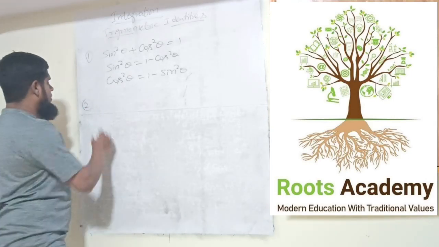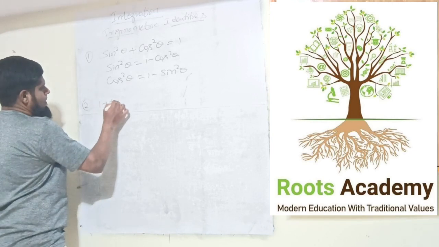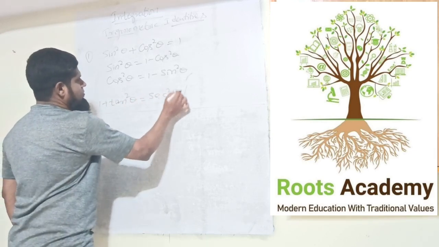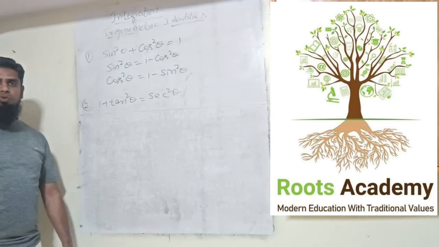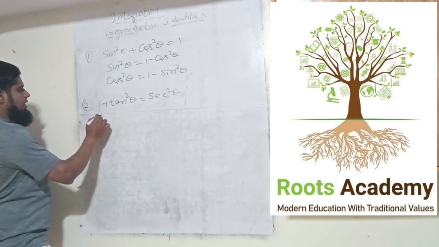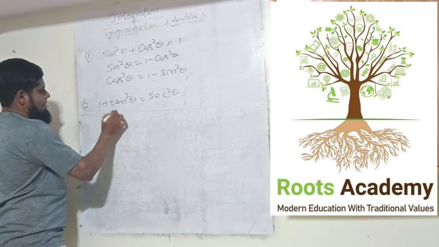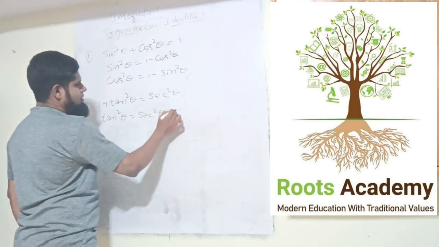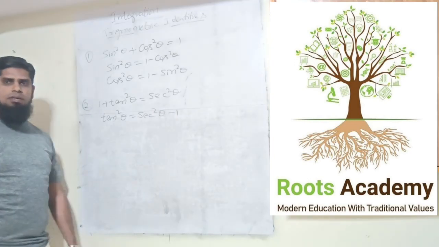The second is 1 plus tan squared theta is equal to secant squared theta, and with this tan squared theta can be written as secant squared theta minus 1.